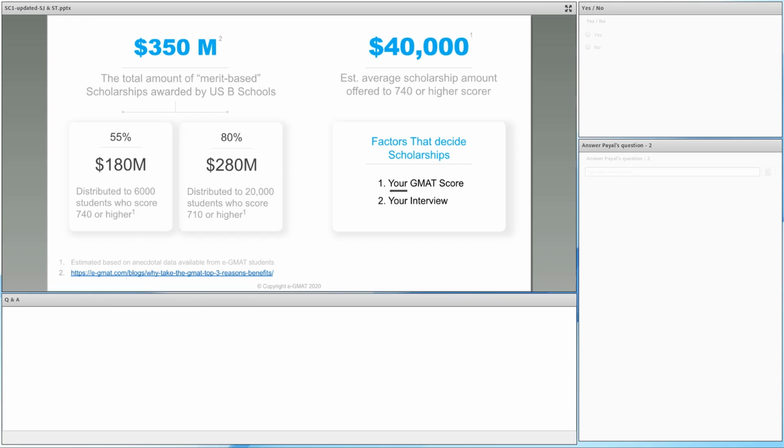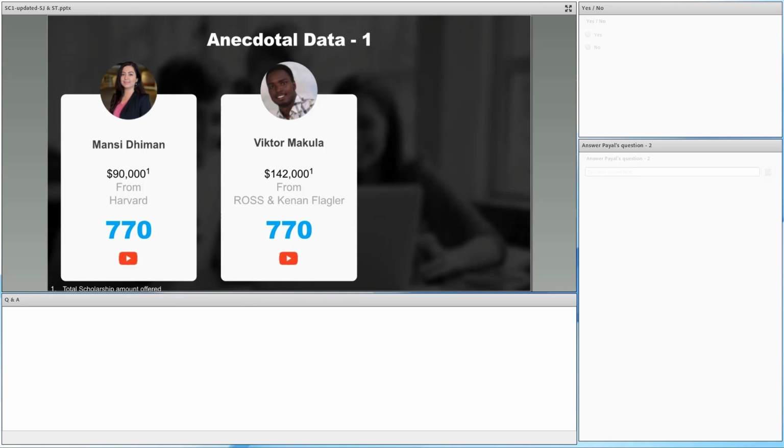So the more you get on the GMAT, the higher the chances of getting a good scholarship amount. And secondly, your likability in the interview that you're taking with the B-school. So both of these are the major things that you need to keep in mind as far as scholarships are concerned.